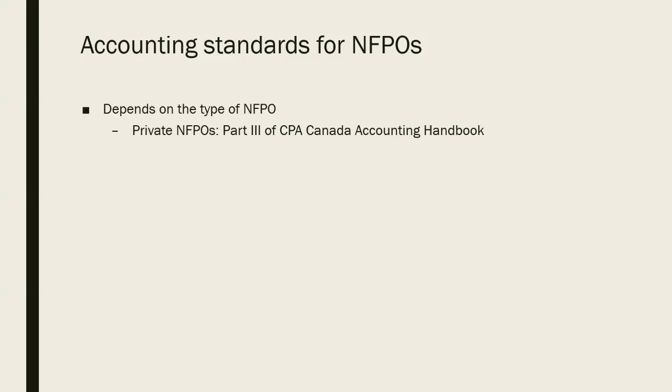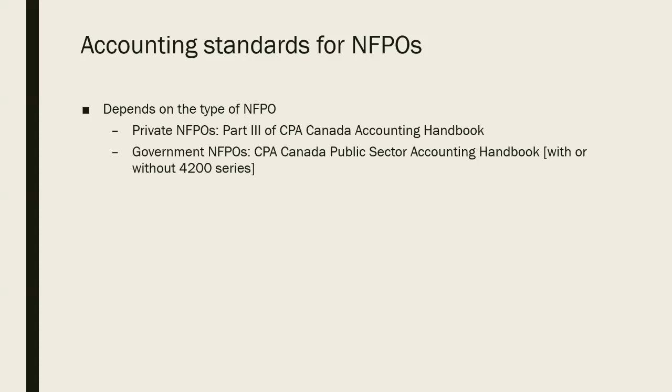For private not-for-profit organizations, these are not-for-profit organizations that are started by private individuals or groups, Part 3 of the CPA Accounting Handbook applies. Recall the CPA Accounting Handbook. Part 1 is IFRS. Part 2 is Accounting Standards for Private Enterprises. Part 3 is the set of standards that applies to private not-for-profit organizations.